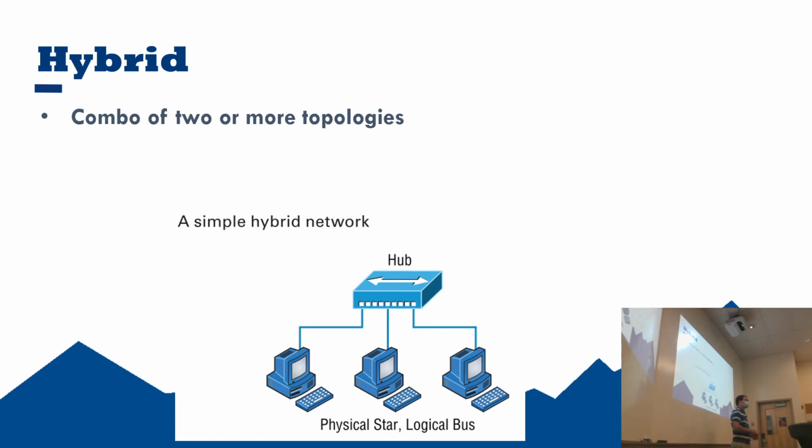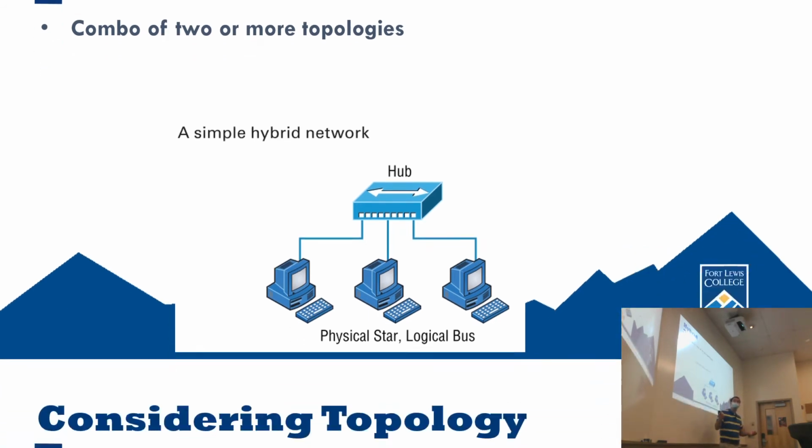So any guesses on that? We're using multiple topologies. What is that called? Hybrid, exactly. So we're just combining two things. Really straightforward there. So you can see here, they're using star as well as bus technology. So certainly things you could do. Not sure why you would in that case, but you could.